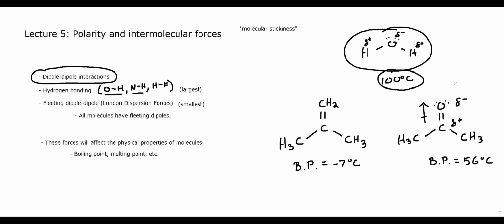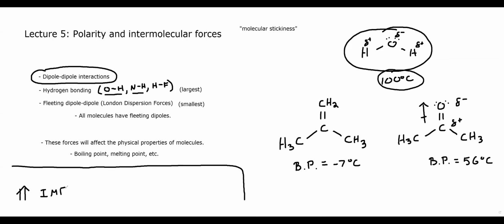So as we increase the amount of molecular forces, let's actually write that right down here in this little box here. If we increase the intermolecular forces, that's going to give us an increase in boiling point or melting point.